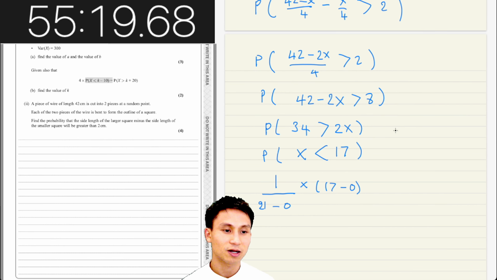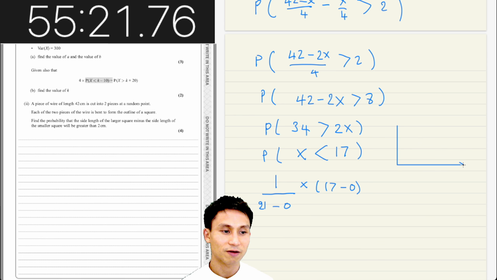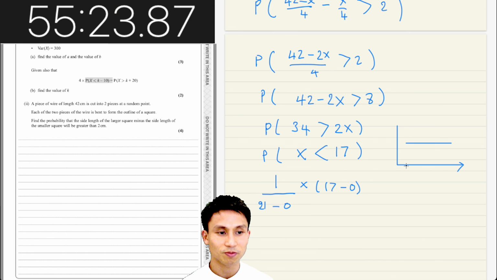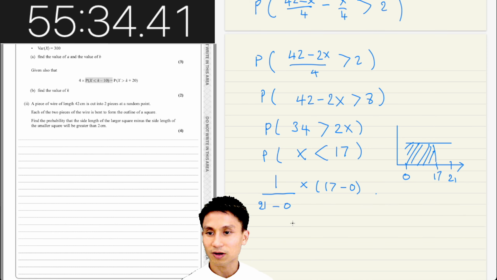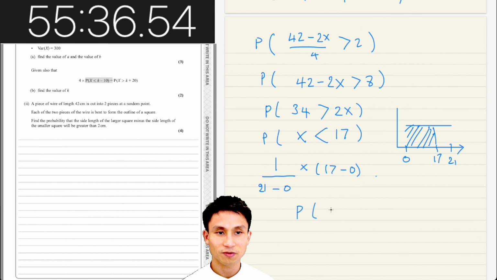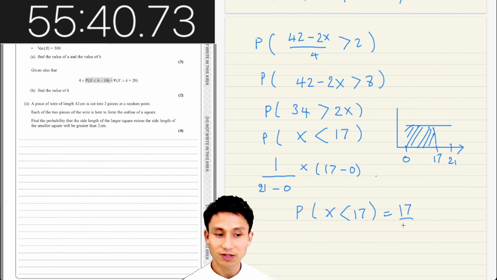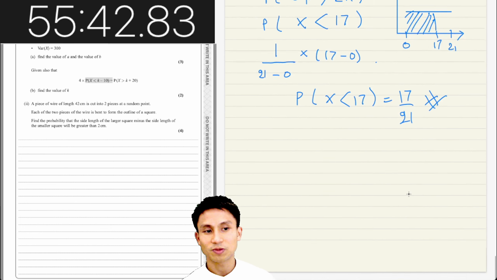Again, guys, you have to be able to visualize. This is a strip from 0 to 21, but we take 17 and less than it. So it's like 17 to 0 divided by 21 to 0. So P of x less than 17 is 17 over 21. That's the answer there.